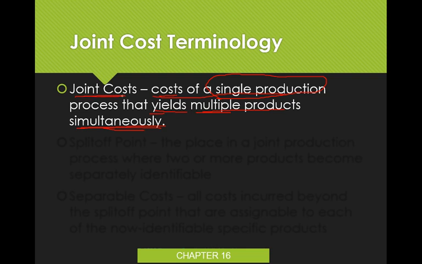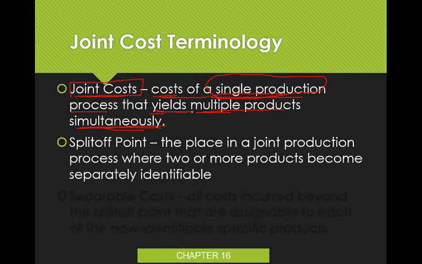Joint cost in Arabic means التكاليف المشتركة: cost تكاليف of a single production عملية إنتاج واحدة process that yields التي ينتج عنها multiple products منتجات مشتركة مختلفة.